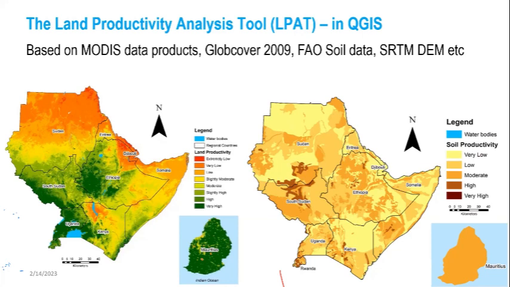We used SRTM digital elevation models to optimize our results. On the right-hand side is the soil productivity analysis result. So you can already see the areas with the high and low productivity, as well as moderate. And then from the model, you then plan how you go with your activities in terms of those that rely on these results.